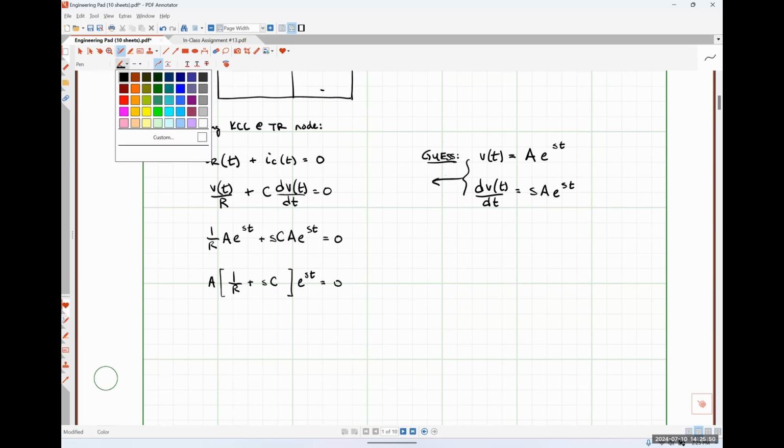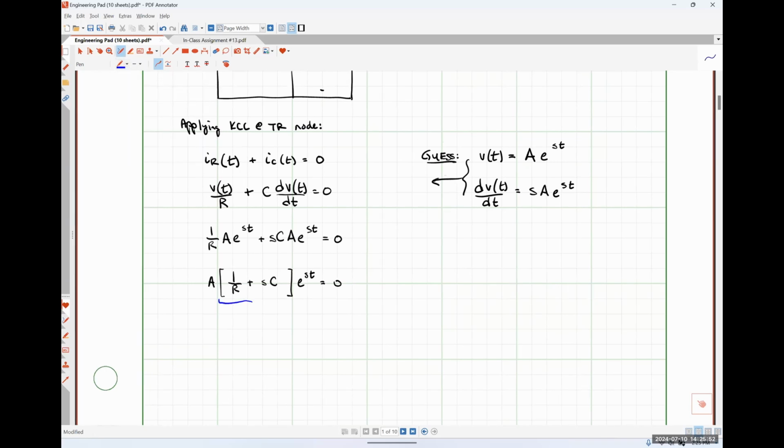So what we're going to rely on is this part in the middle here. And this is what's known as our characteristic equation, or characteristic polynomial for our system. This is a simple first order polynomial, so it's not going to be particularly difficult to solve. So we have the expression 1 over R plus sC, and we want to know when that is 0. So let me just write that down over here.